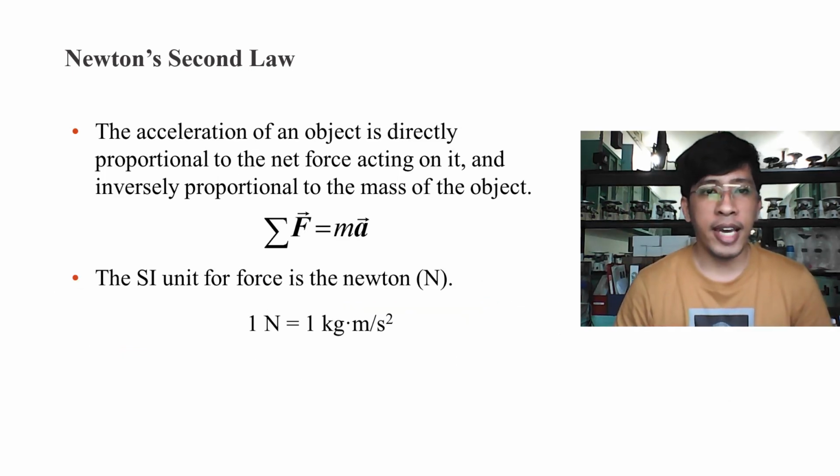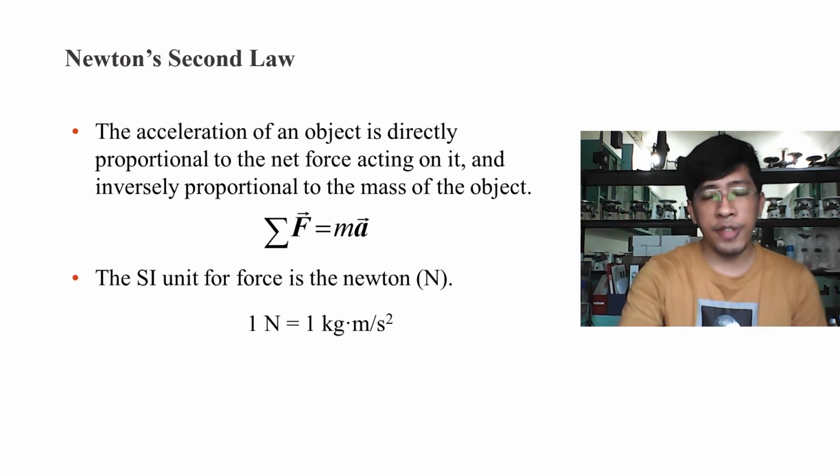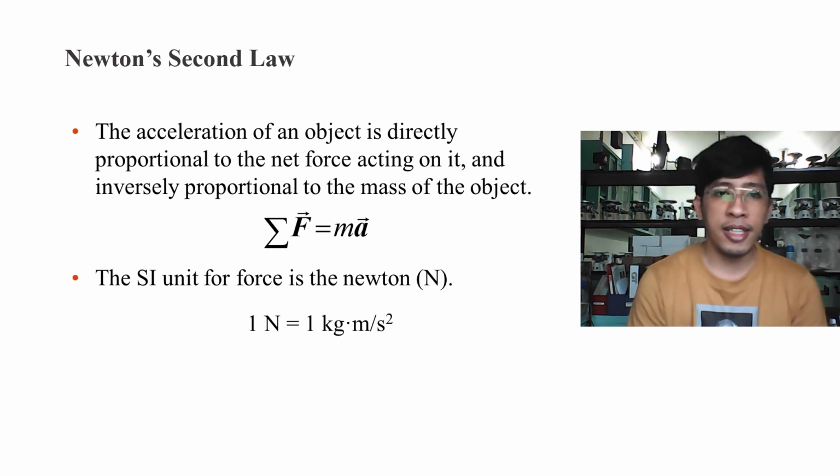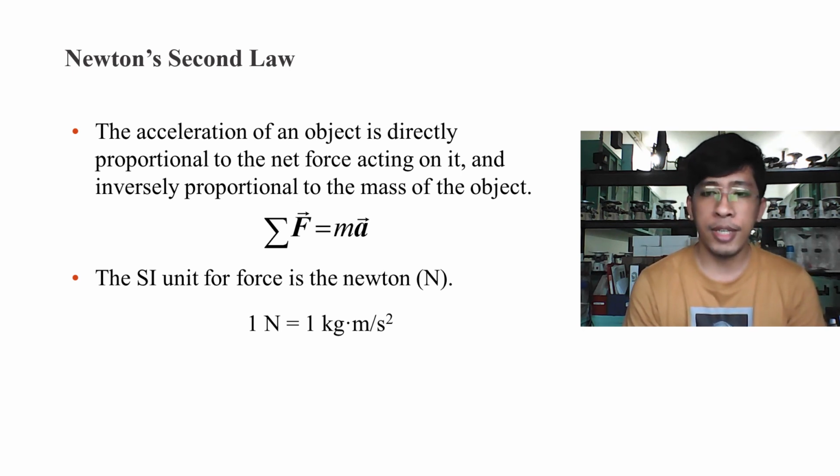We have stated earlier two relationships: the acceleration of an object is directly proportional to the net force acting on it and inversely proportional to the mass of the object. If that is the case, then mathematically Newton's second law is stated as the sum of all F equals mass times acceleration, or this is the famous F equals ma.